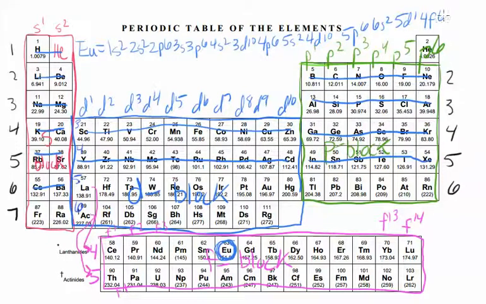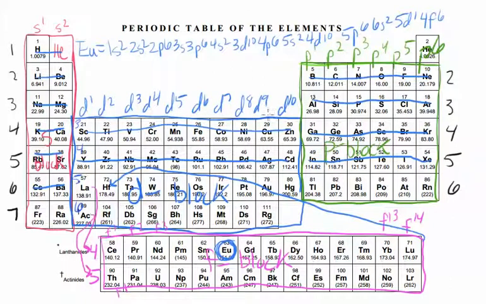So 4f6. All right? So all of this would fill up to 4f14, and then you would start from the end here. You would go back and start filling in hafnium here.